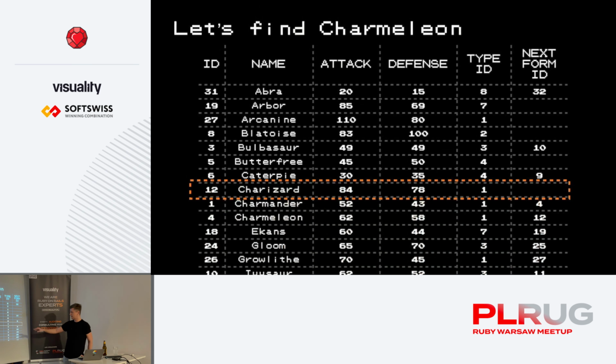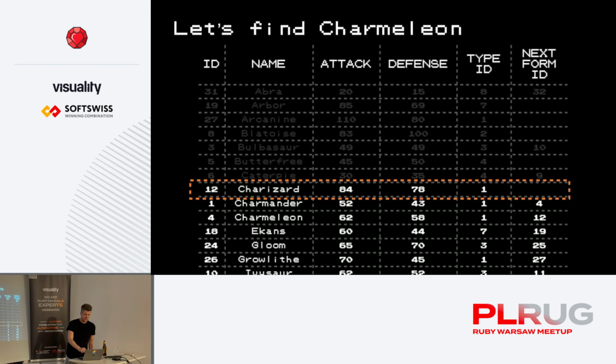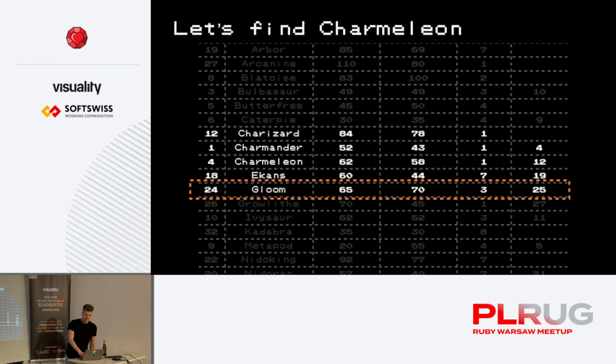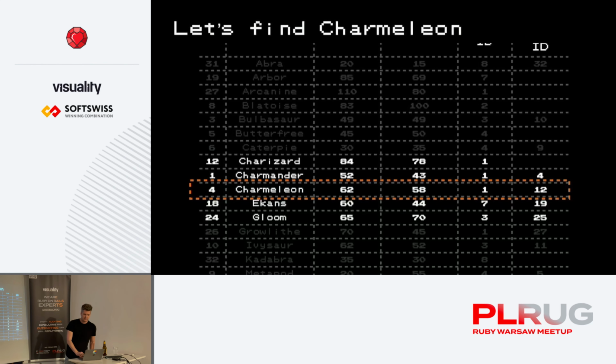Okay, so Charizard, this is not so easy because there are so many similar letters, but I believe Charizard is before Charmeleon, so we'll go like this, and so on, until we find our record. It's great success because by sorting the table we have sped up the searches really fast. It doesn't really depend how far from the beginning it is. So again, great success. We closed the ticket.